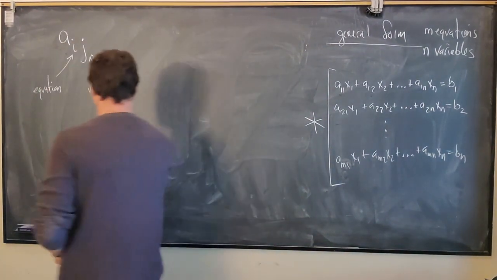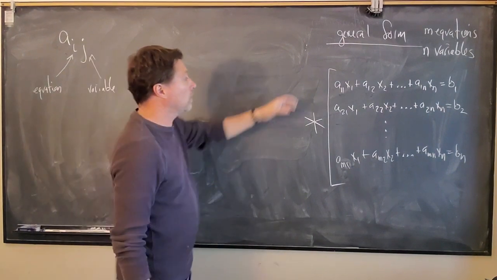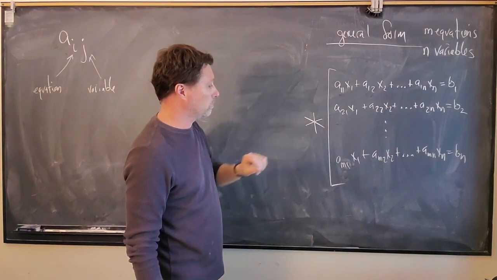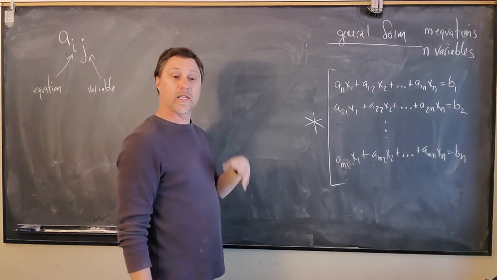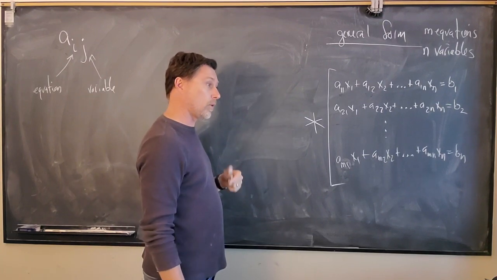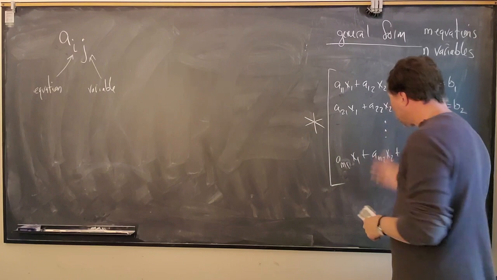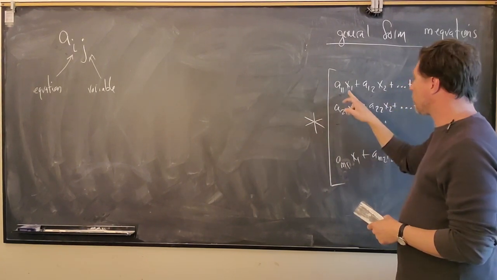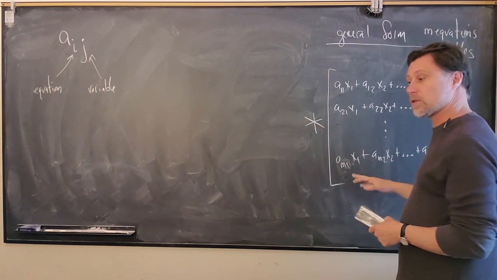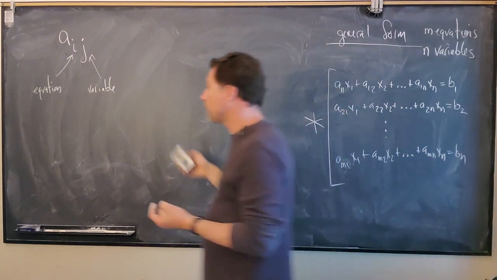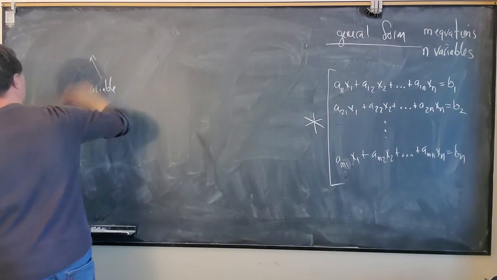Now, once you have a linear system, what we'll want to do then is figure out what the solutions are. Now, what does it mean to be a solution? It will be a collection of numbers so that when we substitute in for the variables, it actually solves each one of the equations simultaneously. So let's write that down.